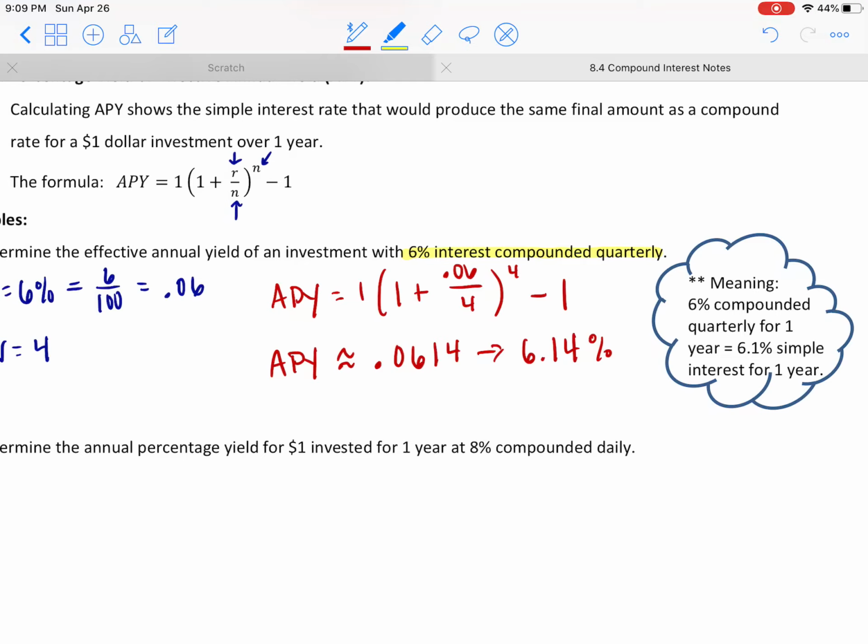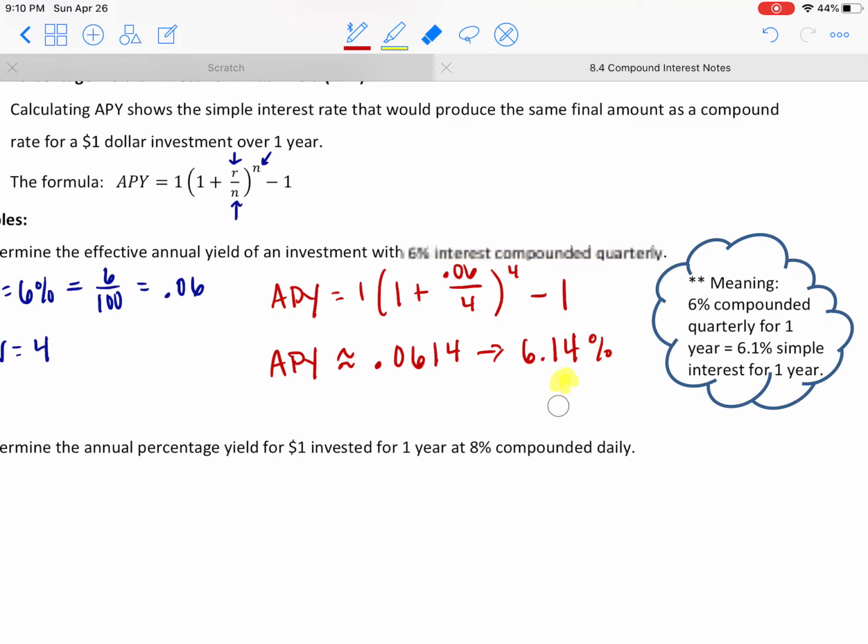So a $1 investment into the account that compounded quarterly at 6% for 1 year would give you the same final amount as $1 into a simple interest account at this 6.14% for 1 year.